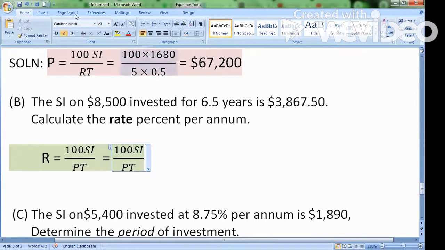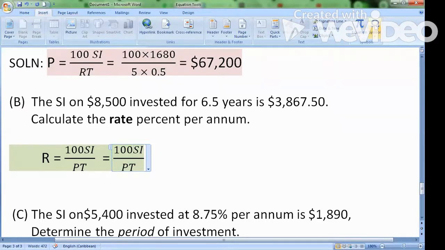So what should go here? What is simple interest? 85. Simple interest would be 100 times 3867, all right, 550.